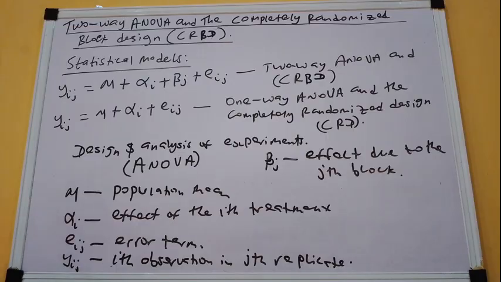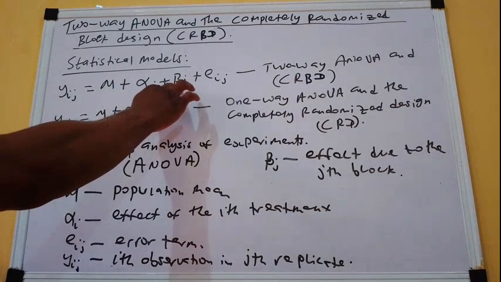When the degrees of freedom for error is large, it will result in a smaller F ratio. And that F ratio will be used to test for significant difference among the treatments. So it is important we know how it works.